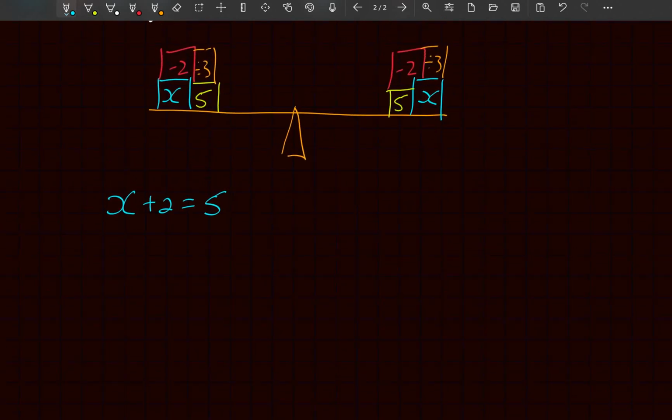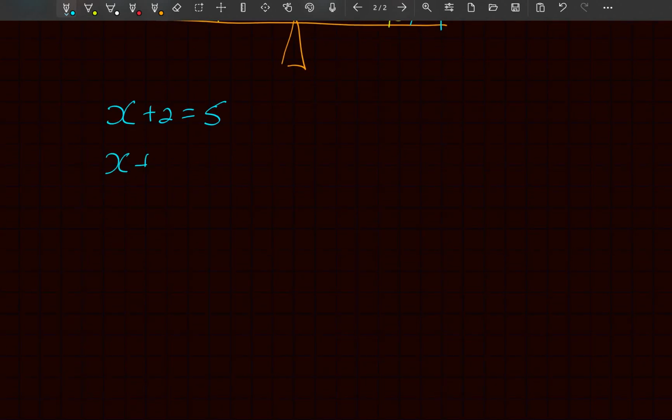So I'm going to have x plus 2 minus 2, so I'm going to have x, these would give 0, and 5 minus 2, well, that's 3. Now, if we look here, it seems as if this 2 has jumped across the equation and changed sign. But what really happened is that we minused 2 from both sides of the equation.